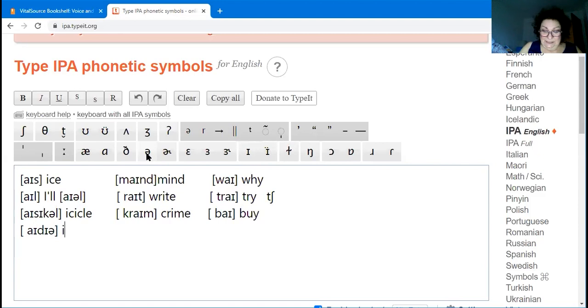There you go. And sometimes you hear idea, so you know that they're adding an R to it. And then we have climb, and this one, you'll see that we do not pronounce the B at the end. And then we have sigh. So there's your diphthong I.